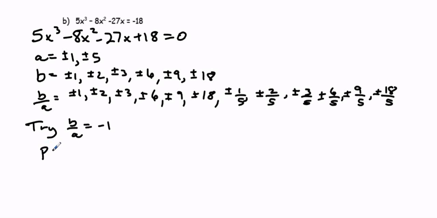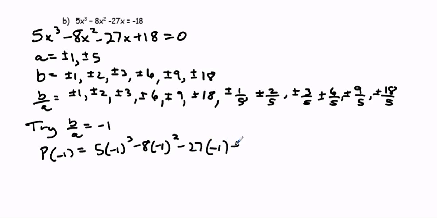So p of -1 is equal to 5 times -1 cubed minus 8 times -1 squared minus 27 times -1 plus 18. And let's just check to see if that equals 0. So that's -5. That's -8. That's positive 20. There's nowhere near.